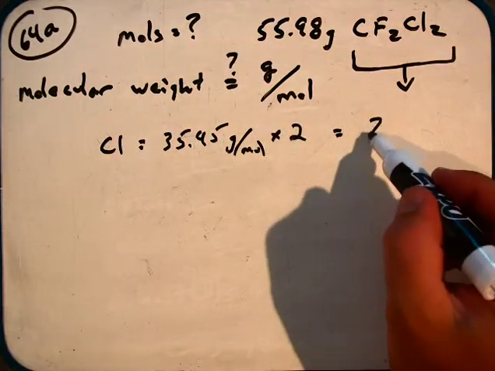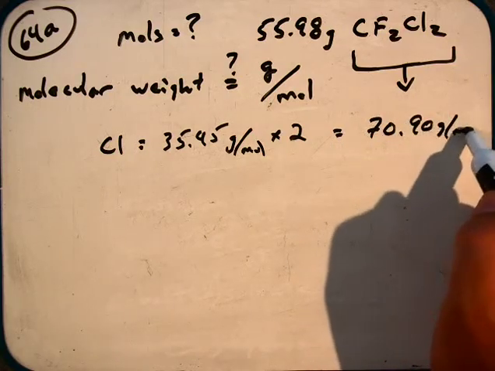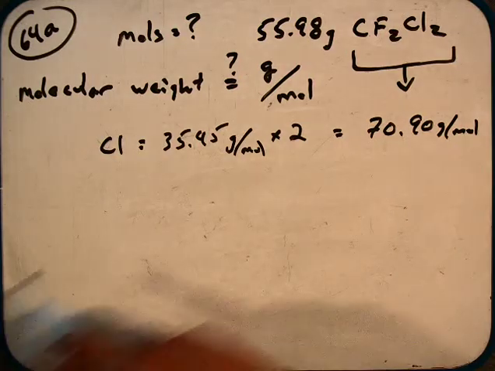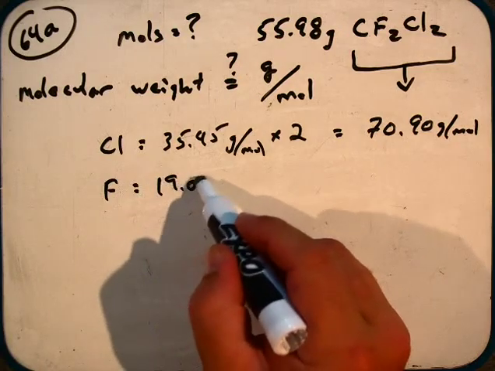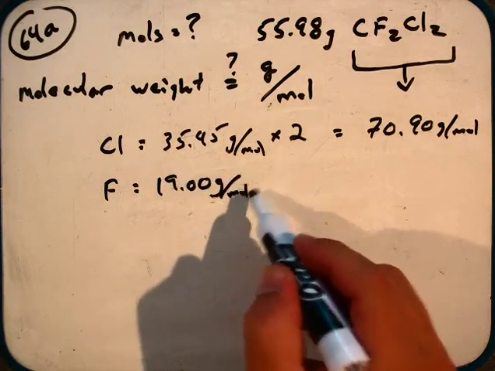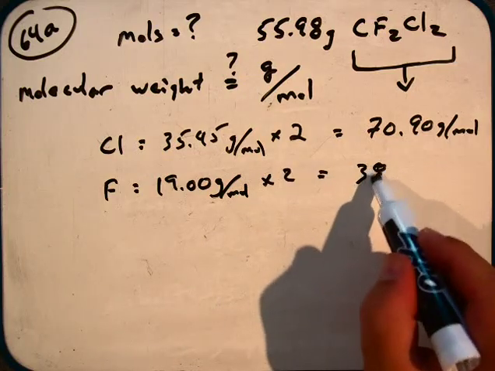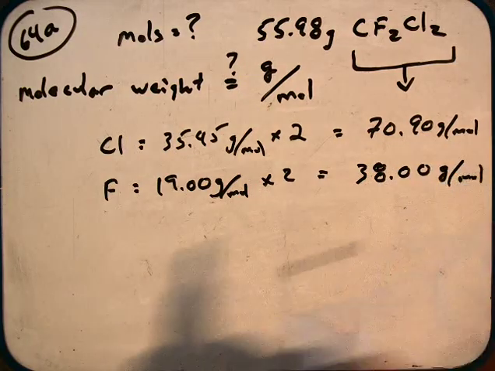So we have a total mass contribution of chlorine to be 70.90 grams per mole. Fluorine has a mass of 19.00 grams per mole, and there are also 2 of them, and so its contribution to the molecular weight is 38 grams per mole.